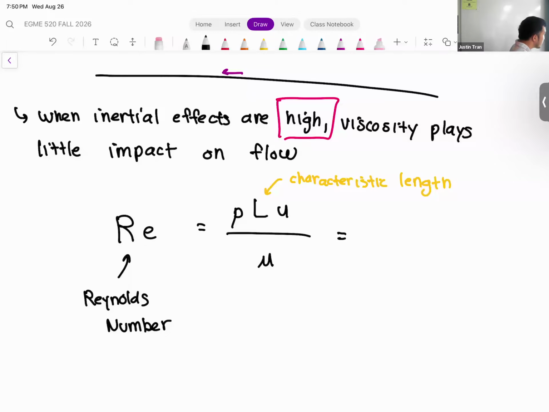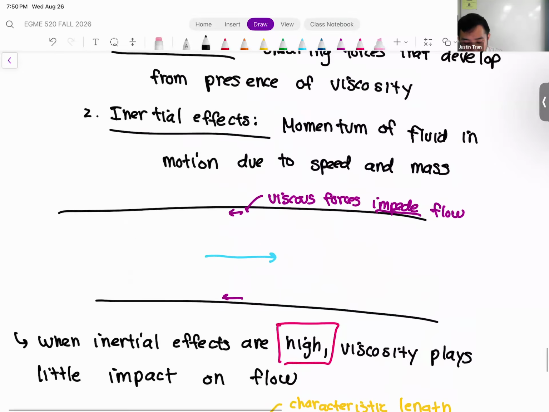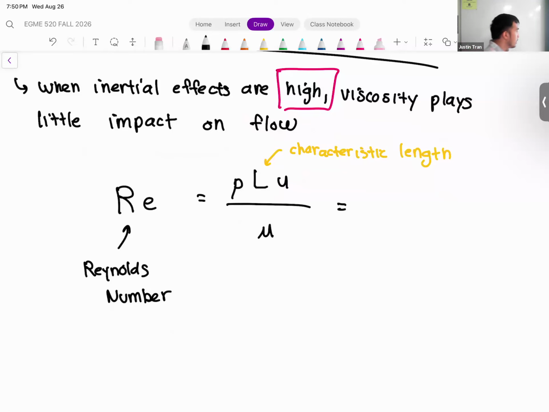But if you look at the combination of terms in the numerator and denominator, they represent this exact kind of competition that we talked about before. Because in the numerator we have density, where we know density is a representation of the fluid's mass. We have velocity, which is a representation of the speed, and we have length up there just to balance out the units.